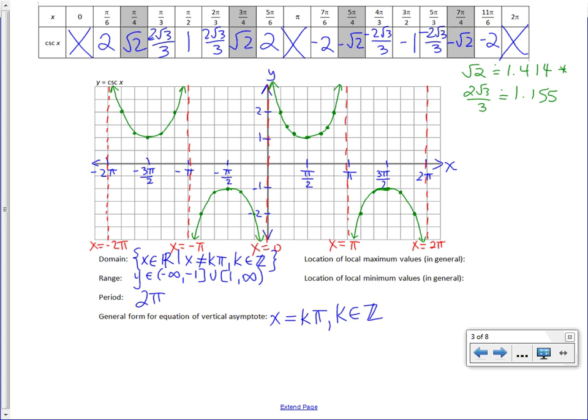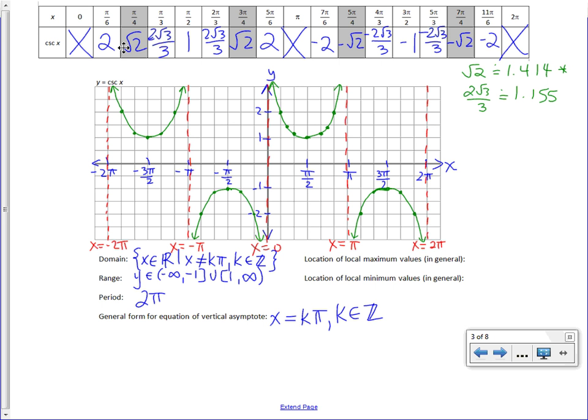Yep, can you see 3 pi over 2? Does everyone see that in a local neighborhood here, this point is the highest? That's your definition of a local max. In a small neighborhood around x, it's the highest location. Okay? So we know 3 pi over 2 is one location.